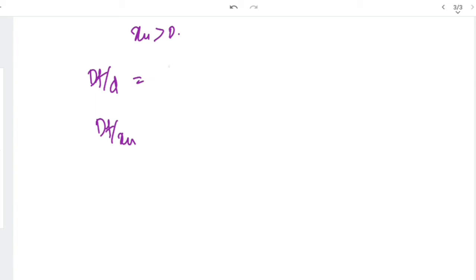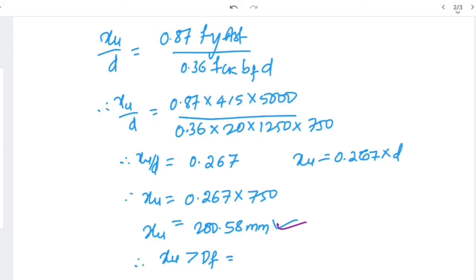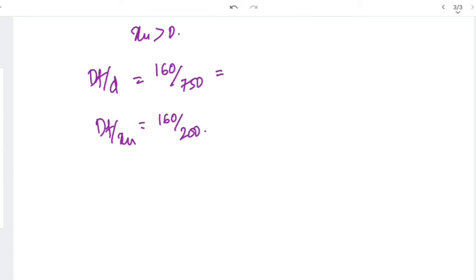Here first I will be calculating DF by D, that is 160 by 750, and another one is 160 by XU, which we have calculated, that is 200.58. Now 160 by 750 is equal to 0.213 and this is 0.79.